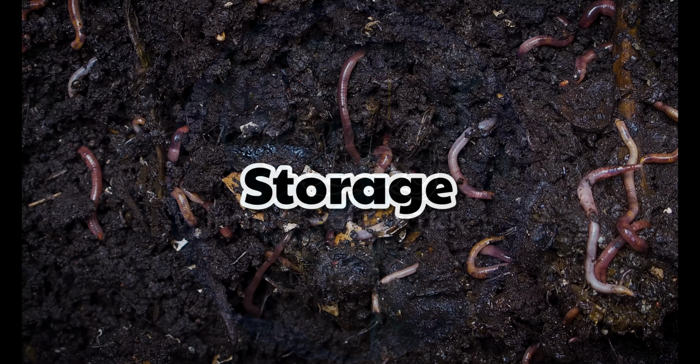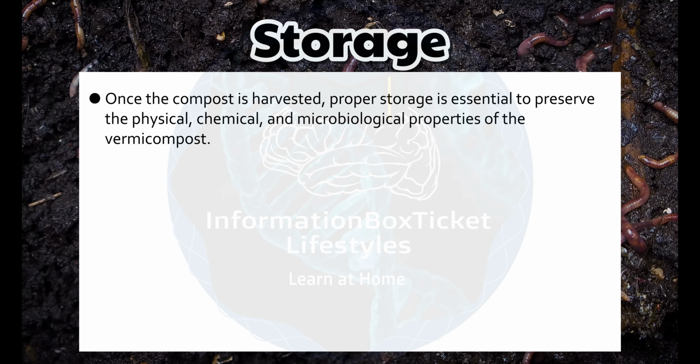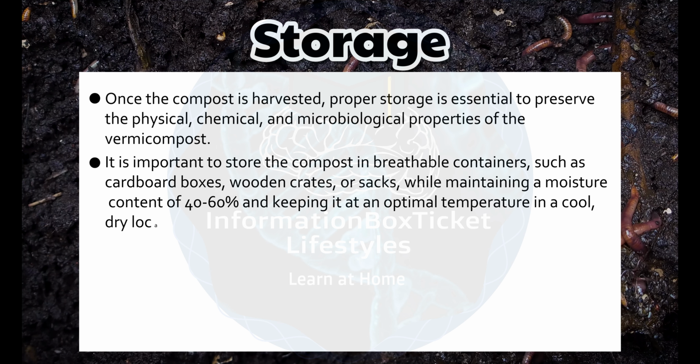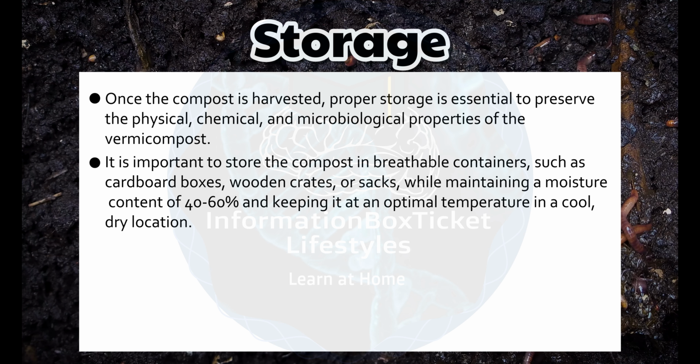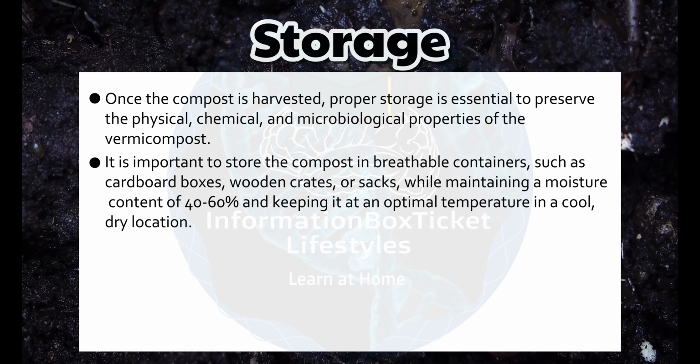Storage of vermicompost. Once the compost is harvested, proper storage is essential to preserve the physical, chemical, and microbiological properties of the vermicompost. It is important to store the compost in breathable containers, such as cardboard boxes, wooden crates, or sacks, while maintaining a moisture content of 40 to 60% and keeping it at an optimal temperature in a cool, dry location.